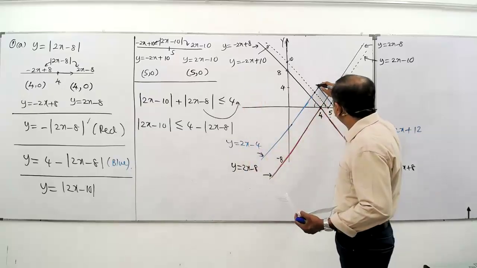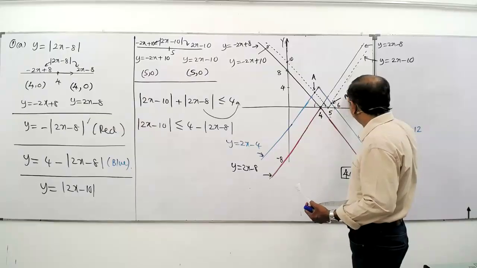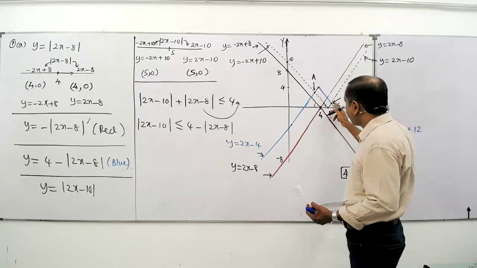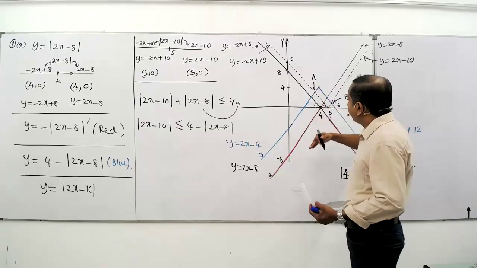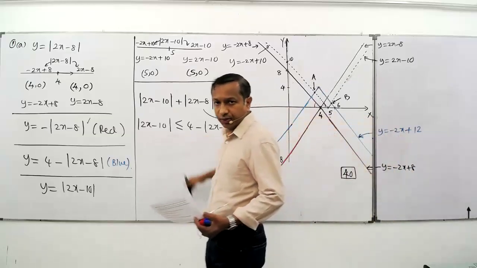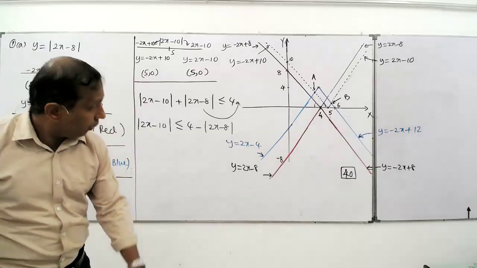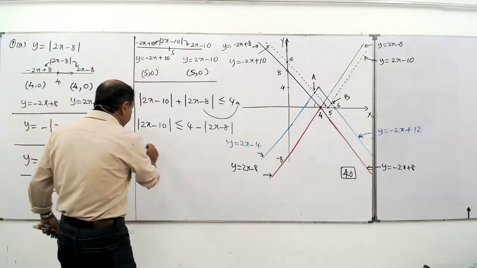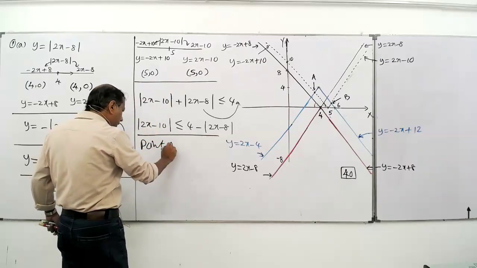If I take this point as A and this point as B, between A and B the dashed line graph lies below the blue one. That means this condition is satisfied. So now we have to find the points A and B. Point A, how?